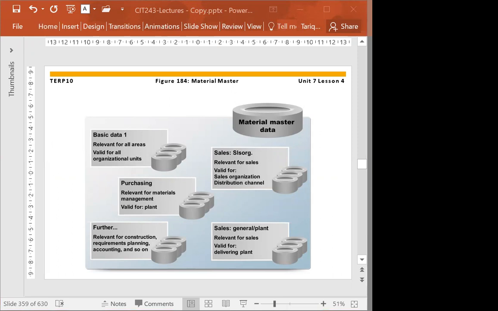From the sales point of view, we enter the material general data, which we call basic data. Then we enter the sales organization level data related to sales and distribution, and then we have sales general plant.